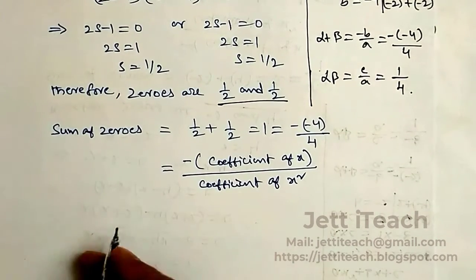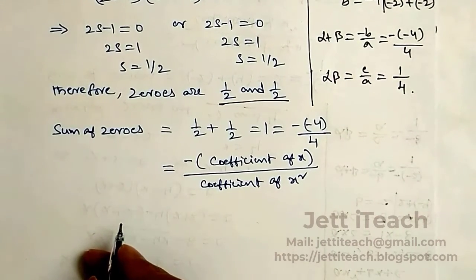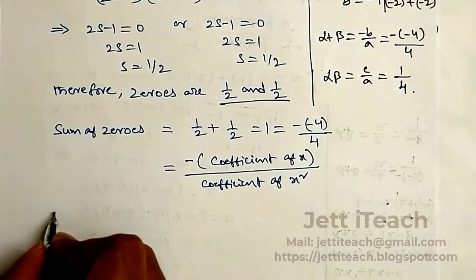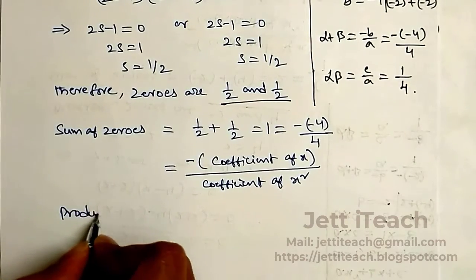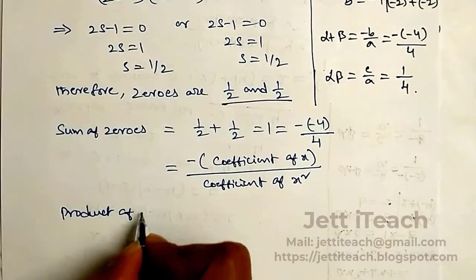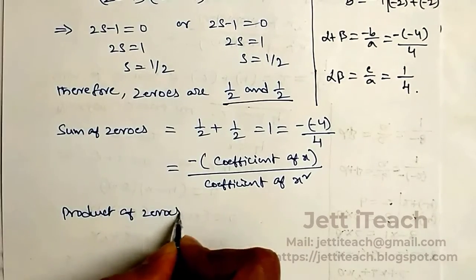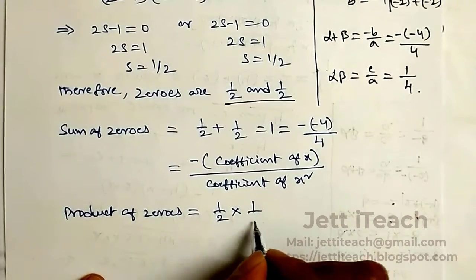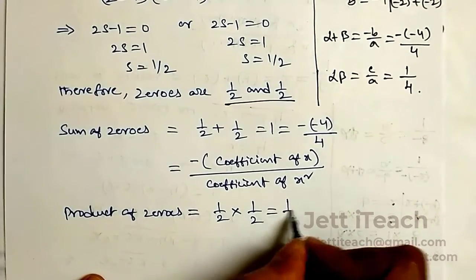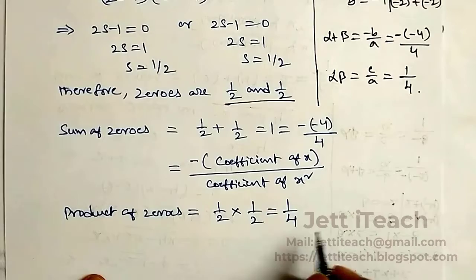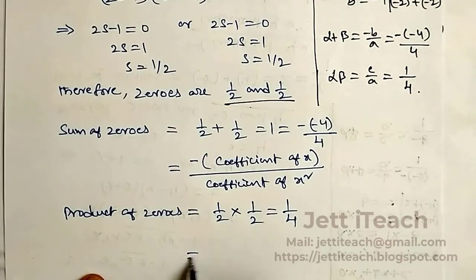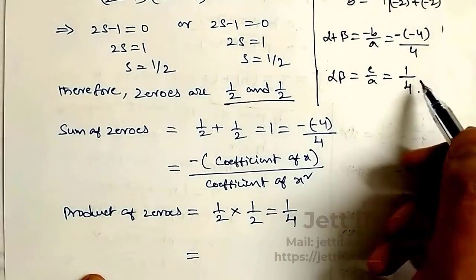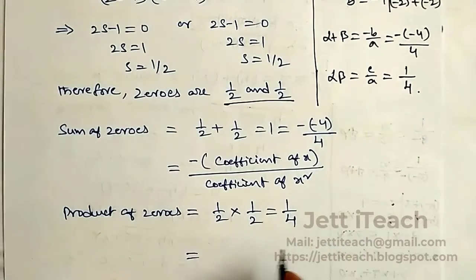Next, product of zeros. 1 by 2 into 1 by 2, we will get 1 by 4. Okay, yes, the product of zeros we got is 1 by 4.